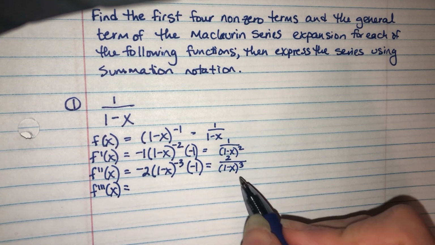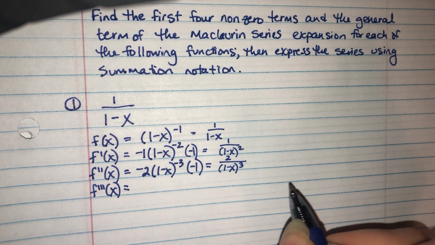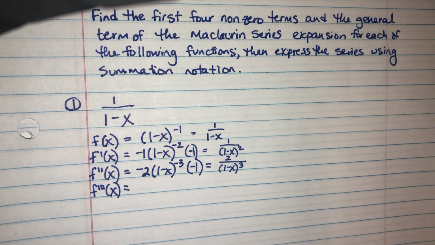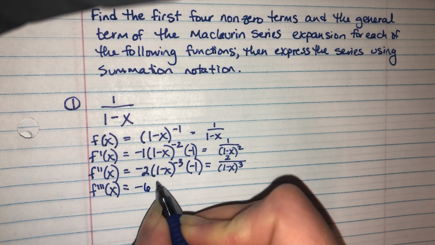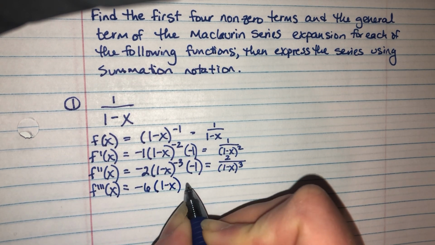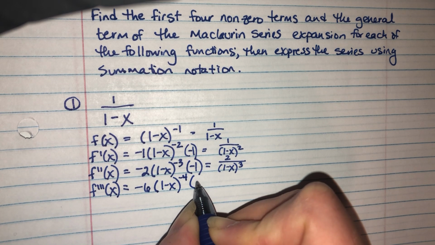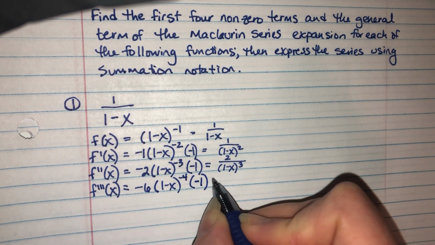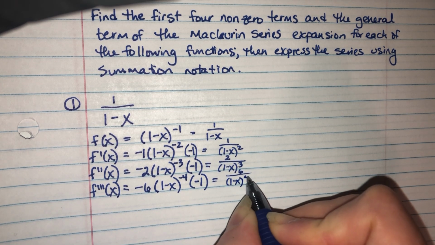So this is 1 minus x to the -3rd power. I apologize. So we're going to do -3 times 2, which will give us -6 out front. 1 minus x, subtract 1 from the power, so that's -4, and then multiply by the derivative of the inside function, which is -1. So this is 6 over the quantity 1 minus x raised to the 4th.